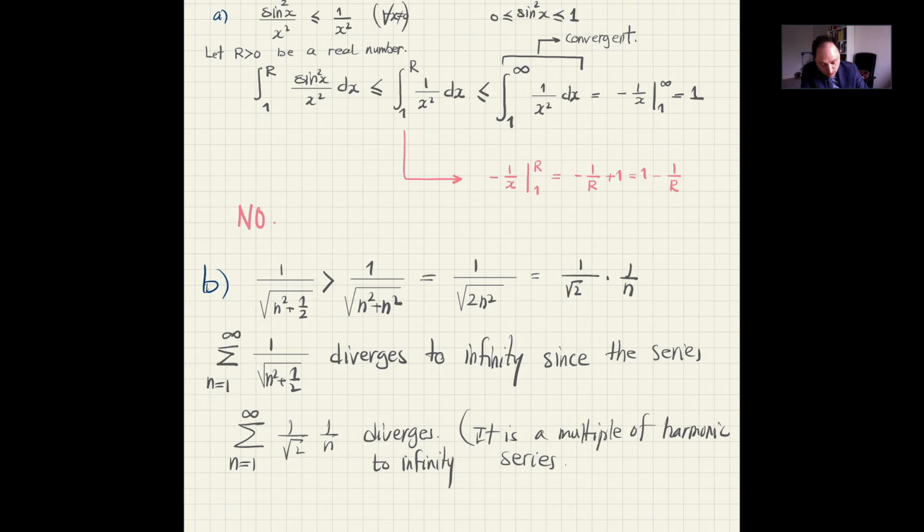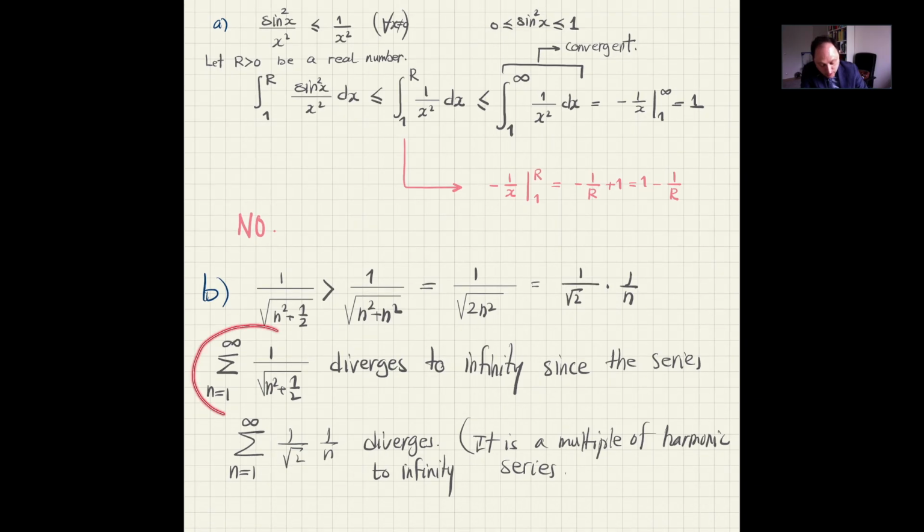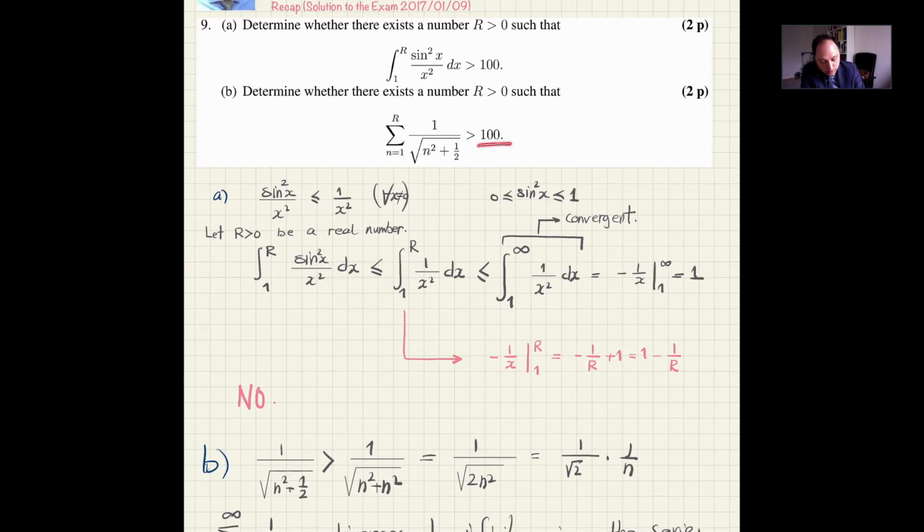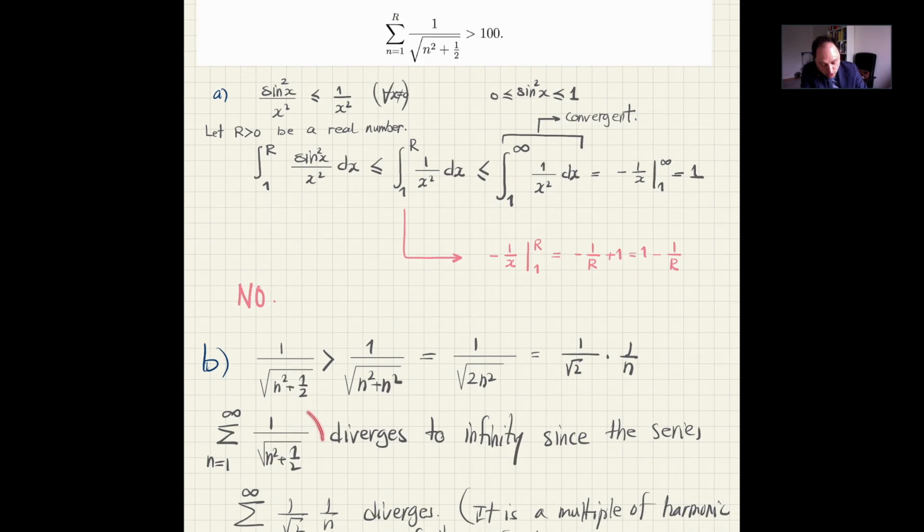So what is the meaning of this? When this series diverges to infinity, it means that if you are patient and increase the value of n, you definitely will be able to be greater than any number that you like. So 100 is not a big number. It means that there is a number that you can choose, so that when you go up to that number, it becomes greater than any number that you like.